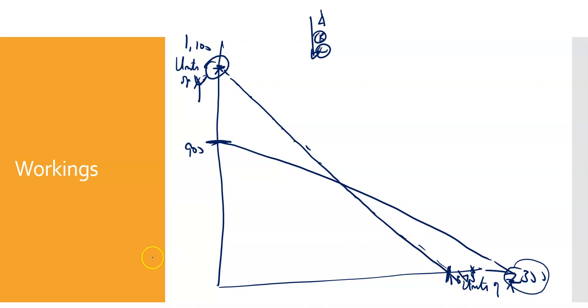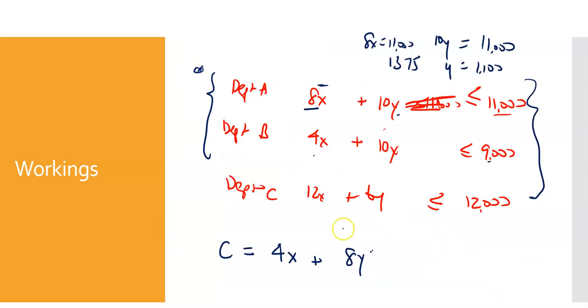Okay, great. And then finally, if we go back with here, I could make 1,000 X's or 2,000 Y's, right? Because that's 12,000 divided by 6, which is equal to 2,000 Y's, or 12,000 divided by 12, which is 1,000.